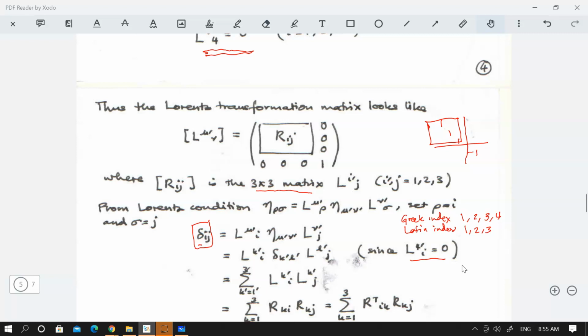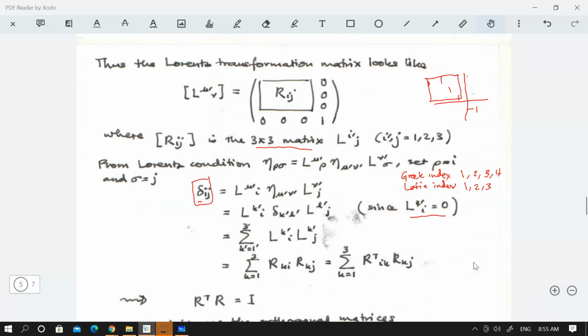And remember, in the case of I equals 1 to 3, k dash equals 1 to 3, there's no difference between the upper index and the lower index. So I'm going to bring it down to a lower index and rewrite your L to be R, because I'm anticipating this to be a rotation. So I have R k I, R k J. In fact, already I'm replacing your k dash by k here, because they are dummy indices.